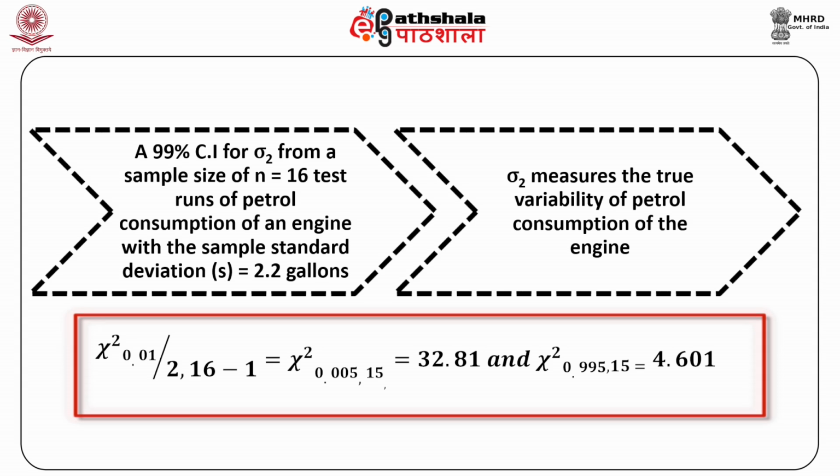Also, we know that chi-squared 0.01 divided by 2, 16 minus 1, which is chi-squared 0.005, 15, is equal to 32.801, and chi-squared 0.995, 15 is equal to 4.601 from the chi-square distribution table.